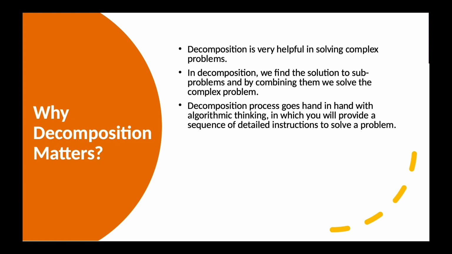An algorithm is a step-by-step process or procedure that you employ to solve a problem. It's the same thing for decomposition. It is the breaking down of a bigger problem into smaller sub-problems to be able to solve the complex problem. So, algorithm and decomposition move hand in hand.